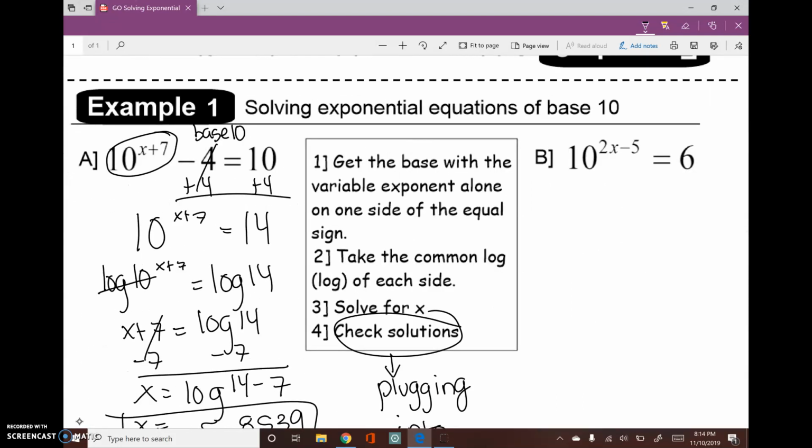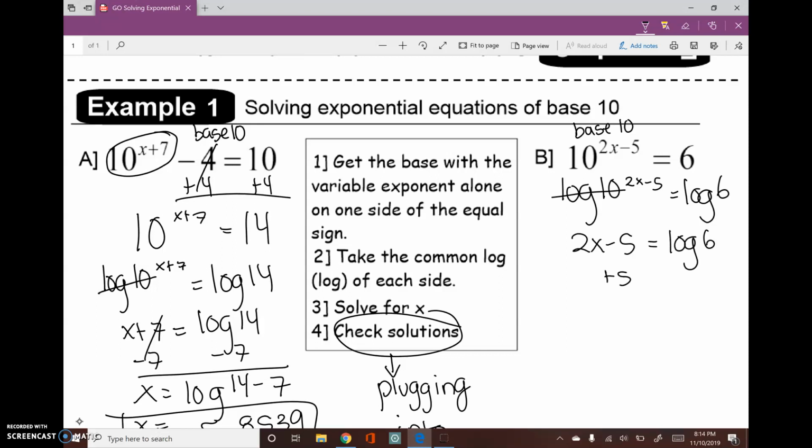So then going to B, again, the base is 10. The base is already alone, so I'm going to start by taking the log of both sides. The log and the 10 cancel. Then I add 5.